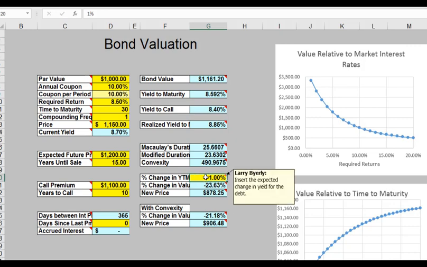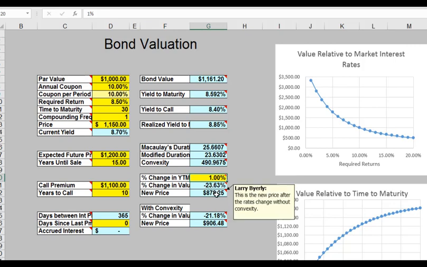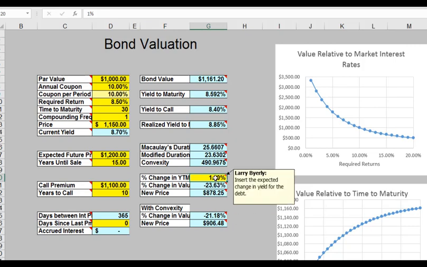So if interest rates go up, bond prices go down. So the new price would be $878. If we make it a smaller number, 0.1%, you see it's going to go down by about 2%.